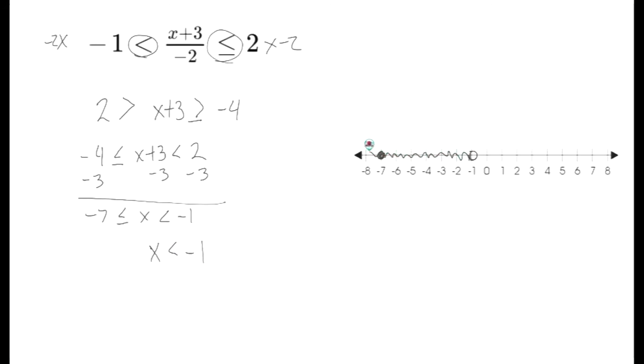But I also have negative 7 is less than or equal to x. Well, that's the same thing as x is greater than or equal to negative 7. So I'm looking at all numbers that are greater than negative 7. You'll notice that from here to here, they overlap. So from negative 7 to negative 1, those are where my solutions can be found.